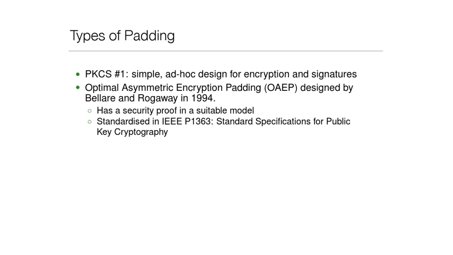So there are three types of padding. One is PKCS number one, that is a very simple and ad hoc design for encryption and signatures. But in 1997, I think an attack was proposed against this PKCS 1 padding scheme.